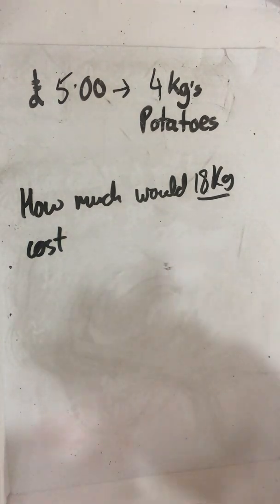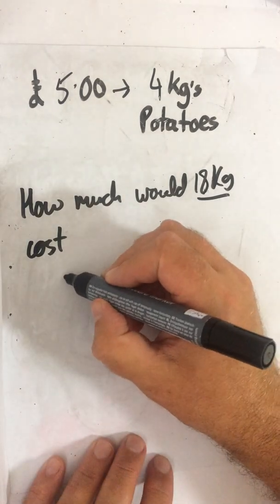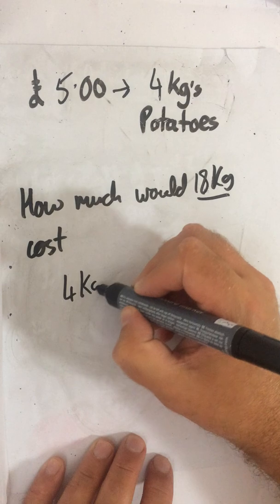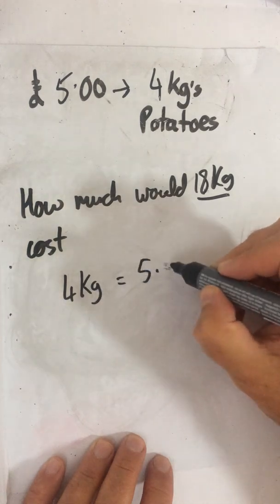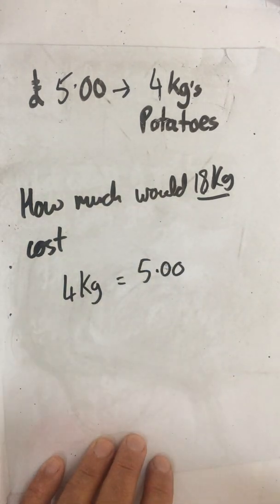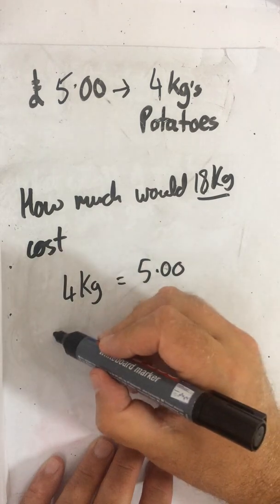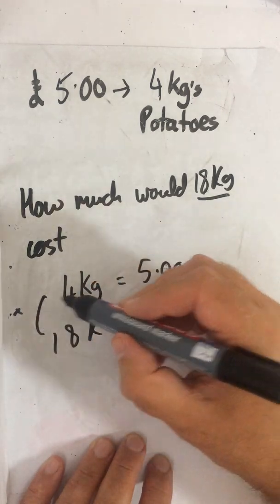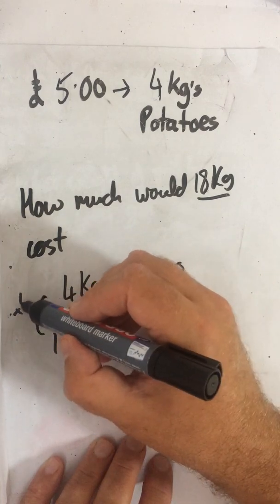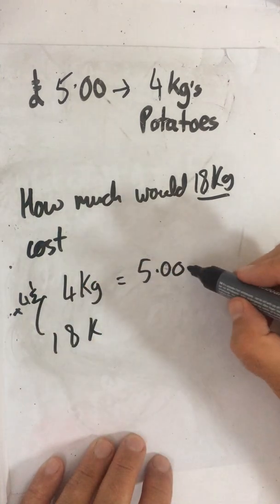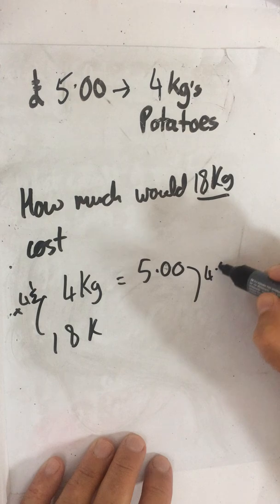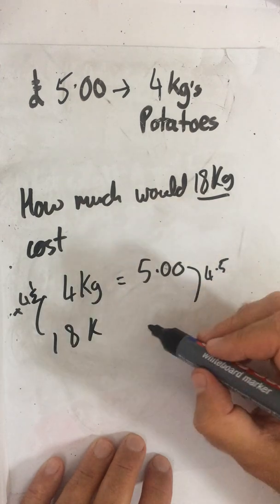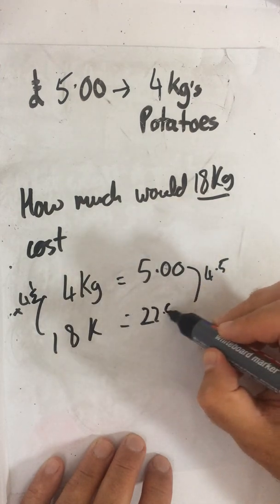So again, I'm going to write down what I know: 4 kilograms equals £5. Then to find 18 kilograms, I'm timesing 4 by 4.5, so I have to times the £5 also by 4.5. So it would cost £22.50.